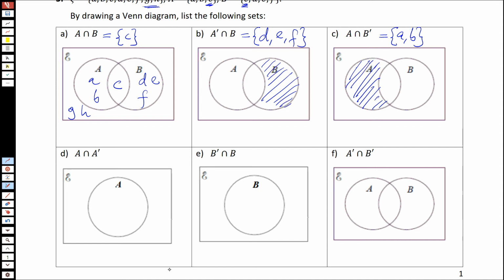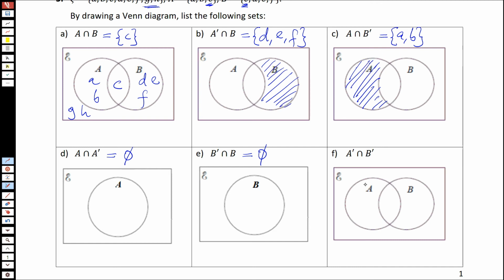And of course, you can see that there's nothing in common in what is in A and what is outside A. So this will be an empty set. And the same thing here, there's nothing in common that is in B and outside B. So this will be an empty set because there's nothing in common.